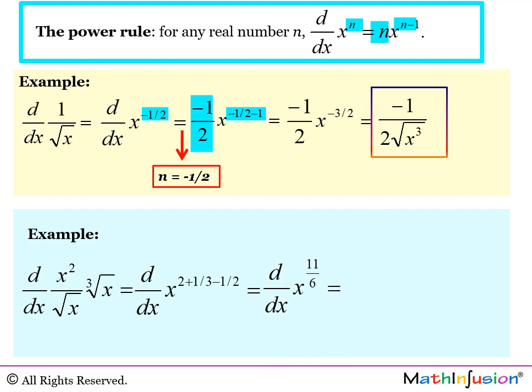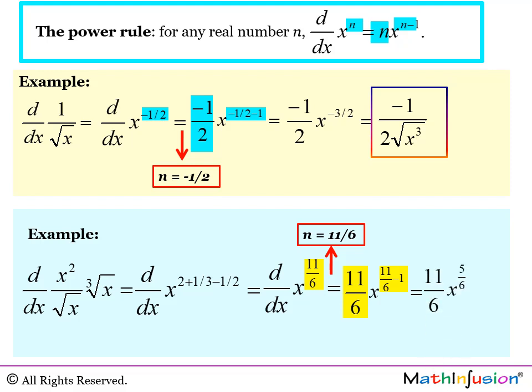We do the algebra and we get that the n here is 11/6. When we know that, it is easy. We get that this is 11/6 times x to the power of 11/6 minus 1. So we get this one.